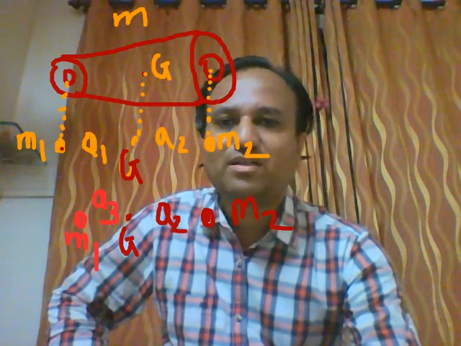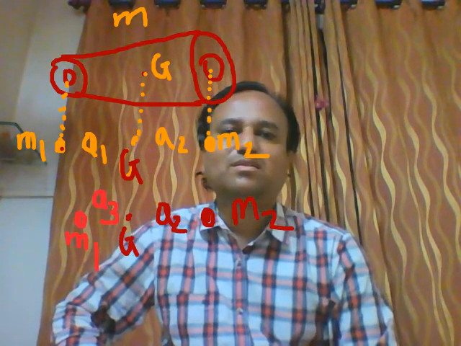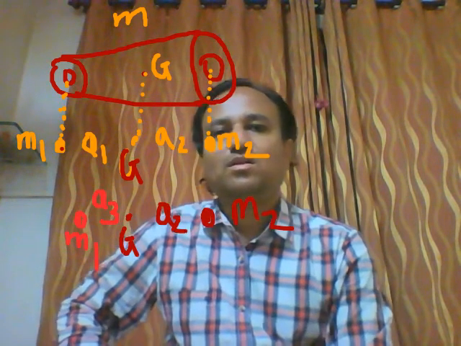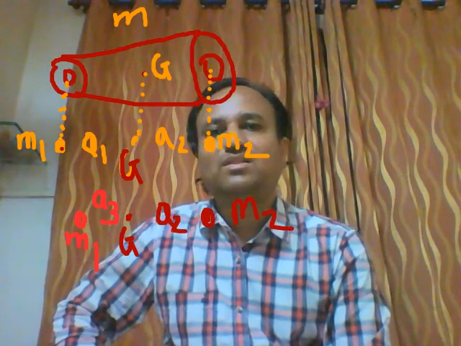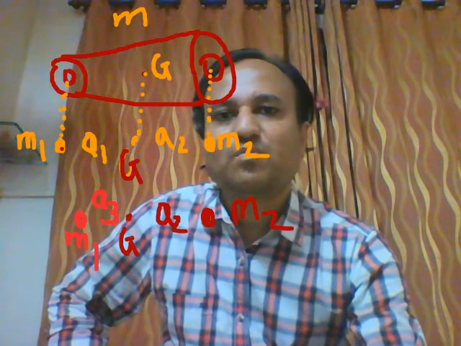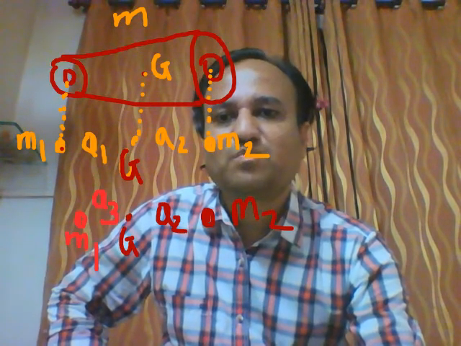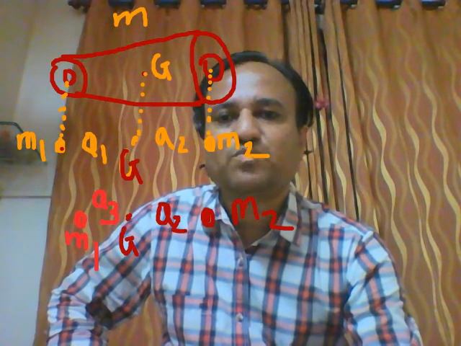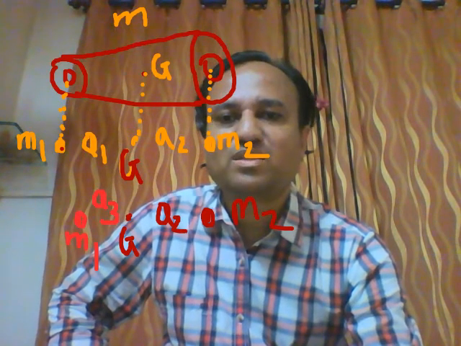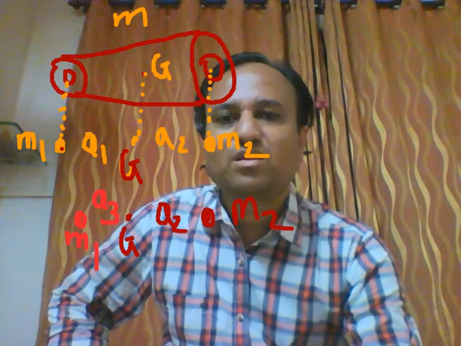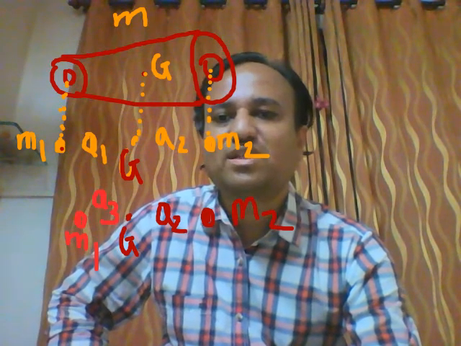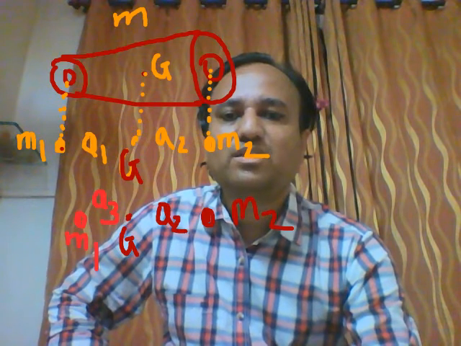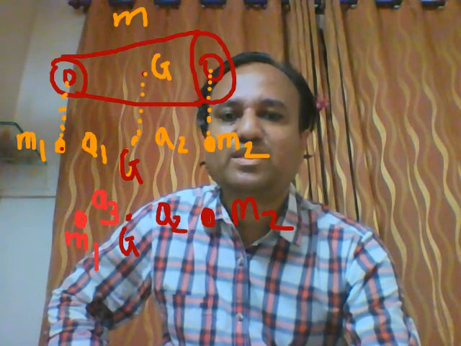So this is the exact conversion of the single point mass, that is the connecting rod having mass M, into a two point mass system having corresponding distances, that is the distance between M1 and G is A3, and the distance between M2 and G is A2.